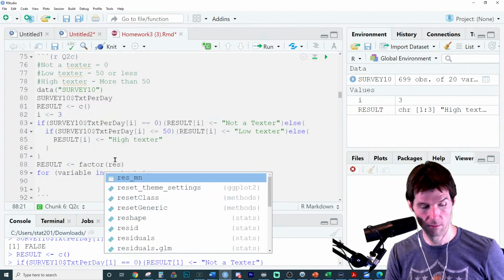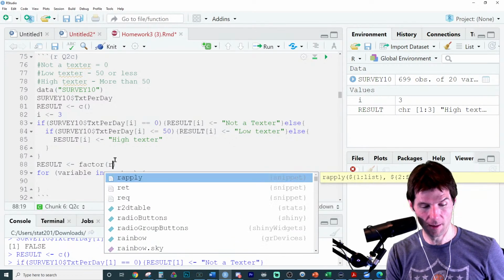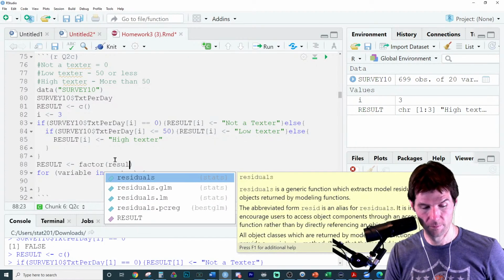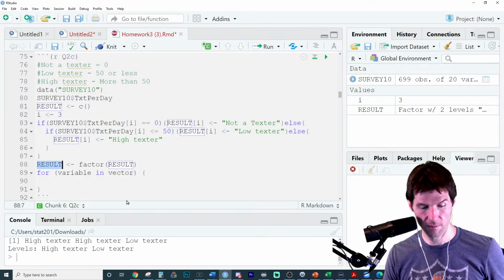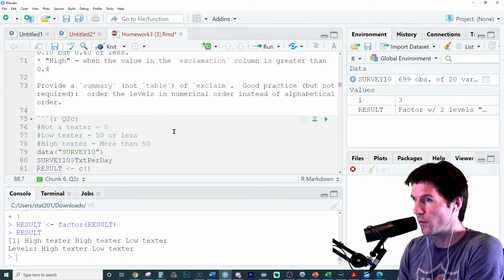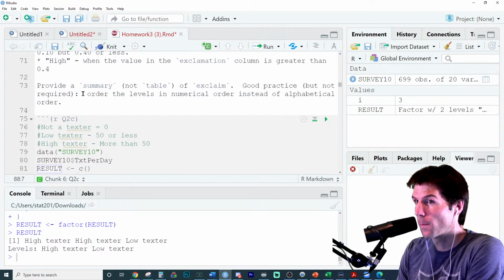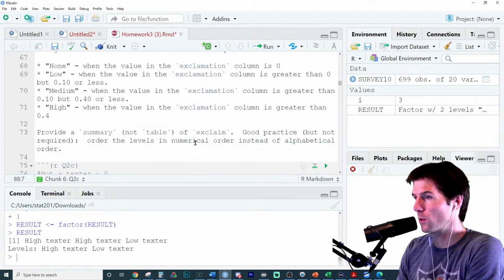Doesn't matter. There we go. You do that. Yeah. Wherever it's done, it's done. If you have to turn it into a factor, does it say turn it into a factor? Doesn't hurt to turn it into a factor.